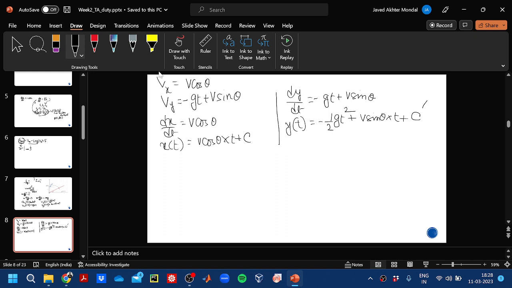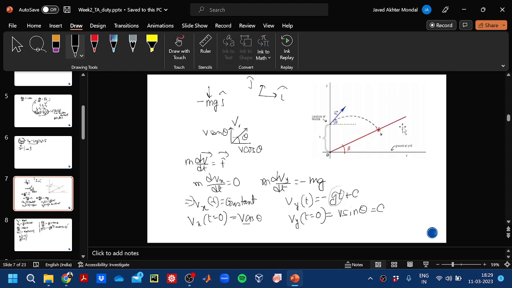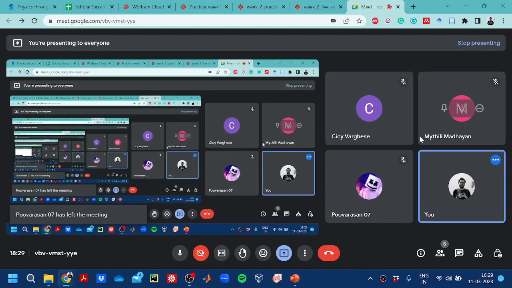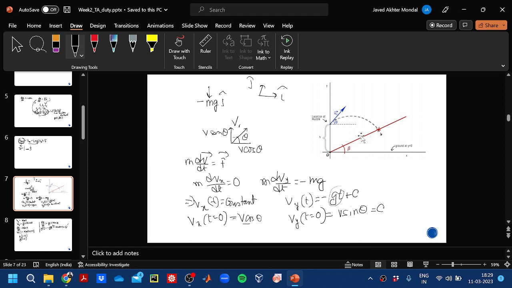So what are our initial conditions? To get these constants, we have to know our initial conditions. So what is the value of x at time 0 and what is the value of y at time 0? From the picture, we can clearly see that when we are launching from this position, if we take this 0 point to be our origin, then at time equal to 0, the x position is 0 and y has value h.